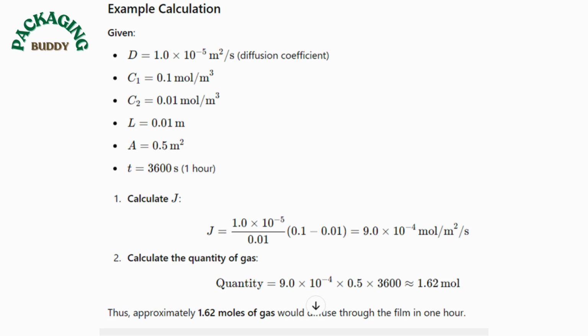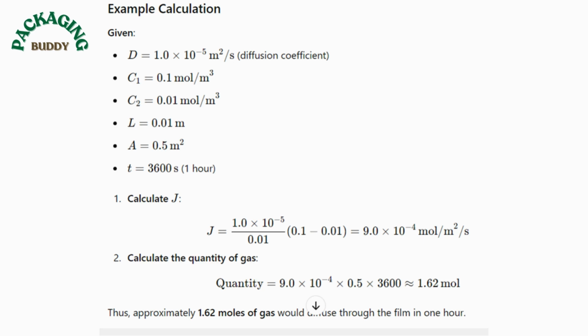X, calculate J. J is equal to 1 into 10 to the power minus 5 divided by 0.01, multiplied by 0.1 minus 0.01. The result is 9 into 10 to the power minus 4 mole per meter square per second.